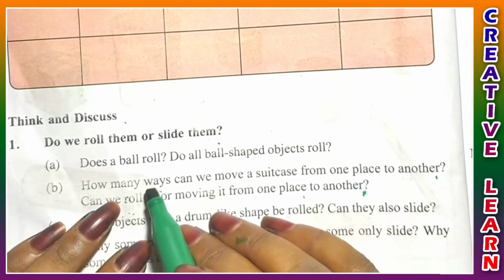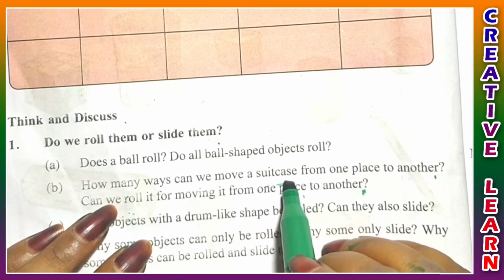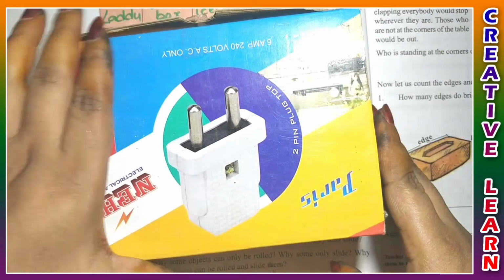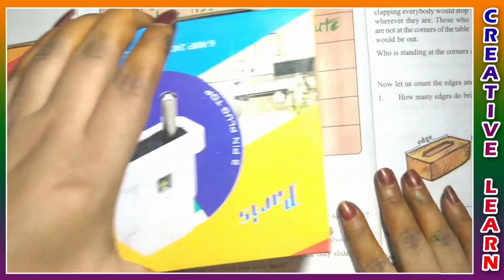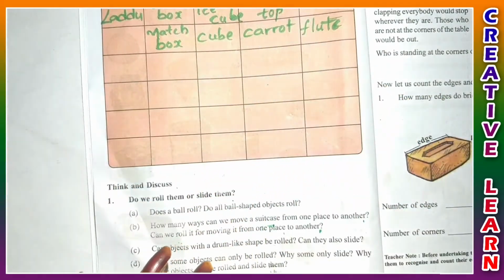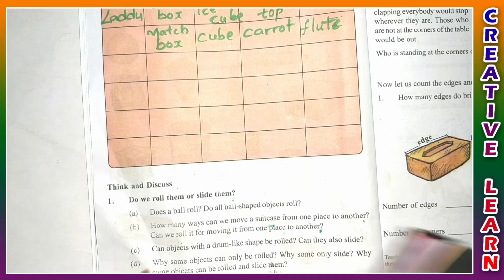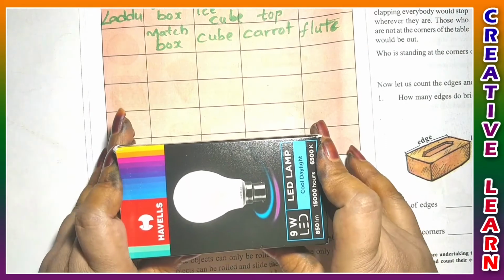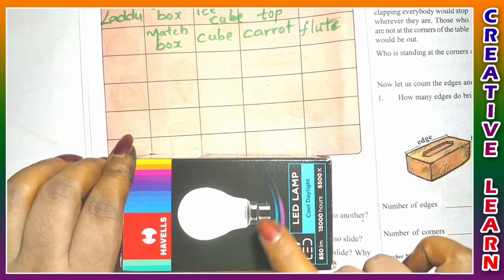First of all, how many ways can we move a suitcase? For example, here I am taking this one also, instead of having the same shape, a box. Now, how can we move this? Yeah, this one also in the shape of suitcase only. For example, here it is.